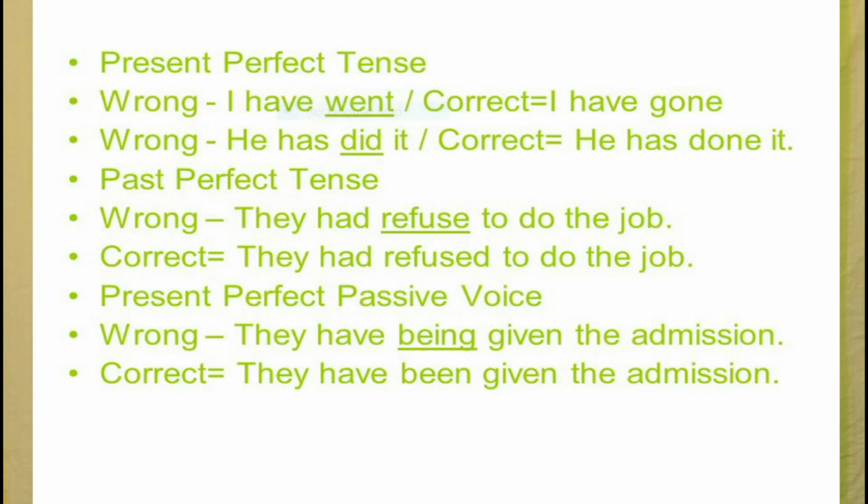Then present perfect passive is they have being, not really. Be takes the perfect form, adding en. So they have been given the admission. I hope that has brought in a bit more clarity to how we use perfect form.